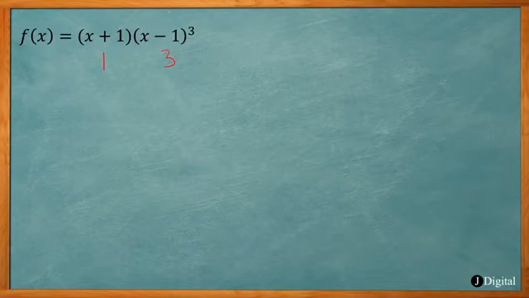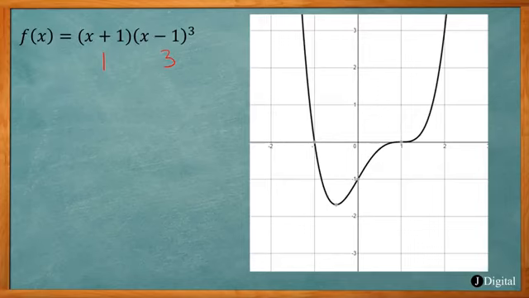So let's check out the graph of this one. So multiplicity of 1, we go right through it. When we have 3, we can see that it hits the intercept, kind of goes flat, and then goes back up. So this is when you have a multiplicity of 3.